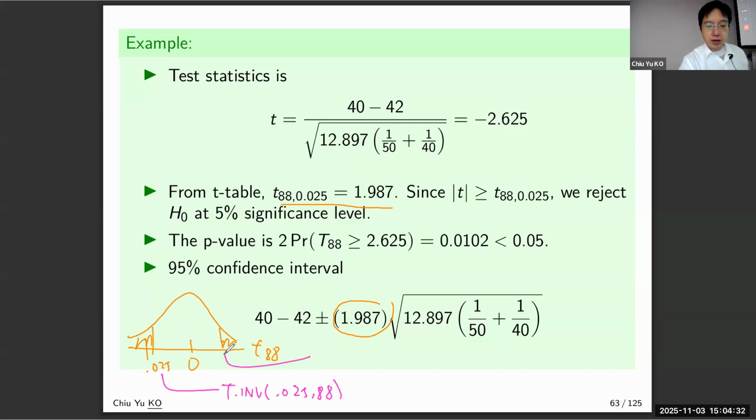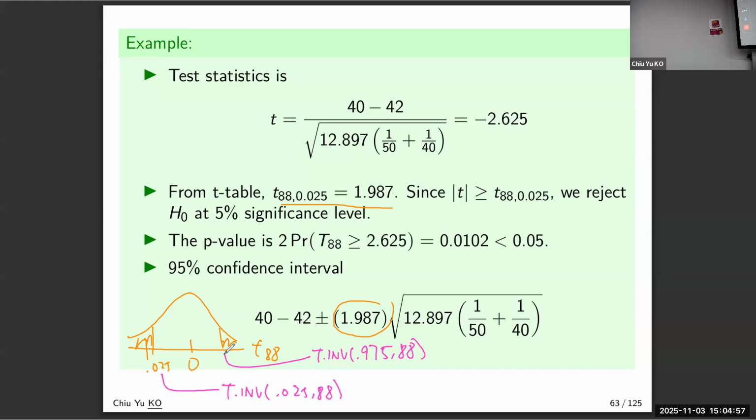And for this guy it will be T.INV 0.975 with degrees of freedom, okay? So this will be the two critical values, but one with plus, one with minus, so that's why plus minus, okay? And multiply by the standard deviation, right? We know that already well. Is that okay?